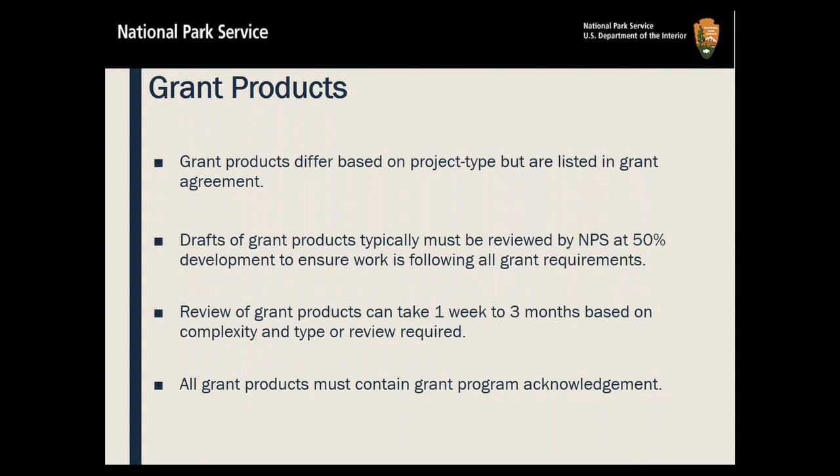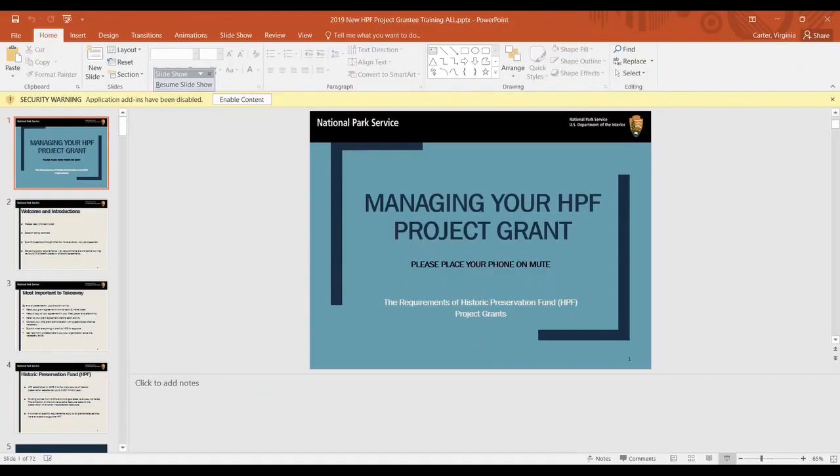So if you're sending us a press announcement, we can do that quickly. You'll get a response in a day or two. However, if we're reviewing your plans and specs for a large rehabilitation, that could take up to 3 months. So you just want to be able to build that into your timeline.